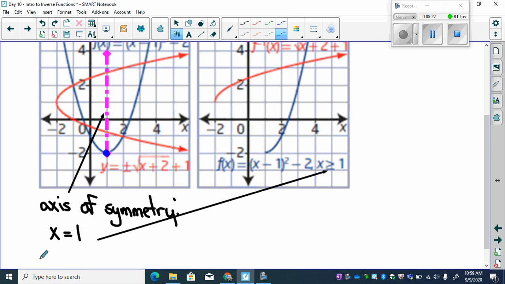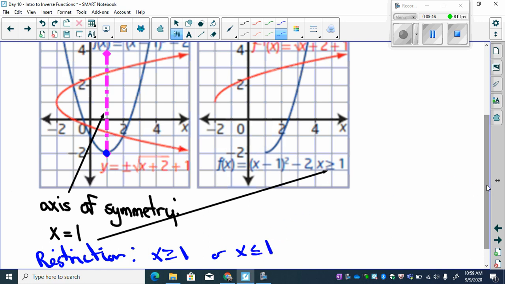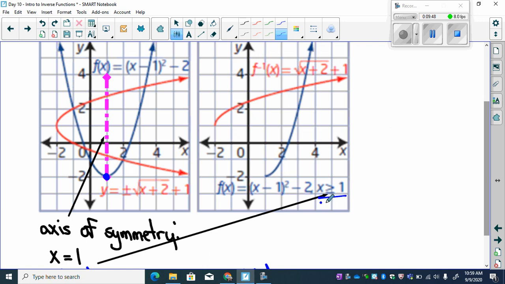That means the restriction, if I want to make sure that the inverse is a function, would have to be x such that x is greater than or equal to 1, or x such that x is less than or equal to 1. And here you can see it. Okay, and that makes this inverse. Notice they replaced the f of x with f inverse of x.